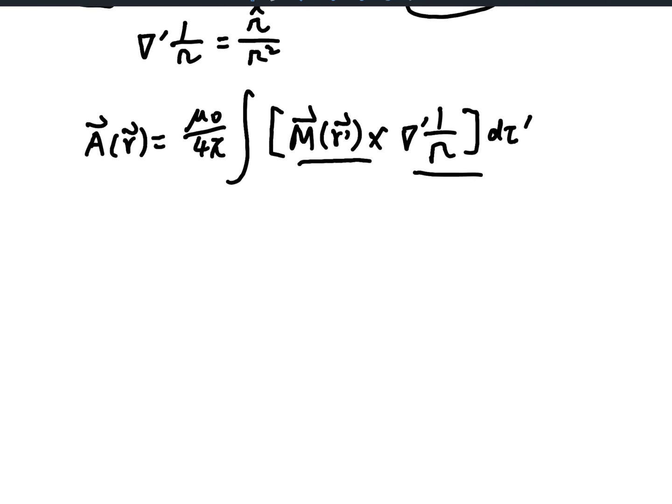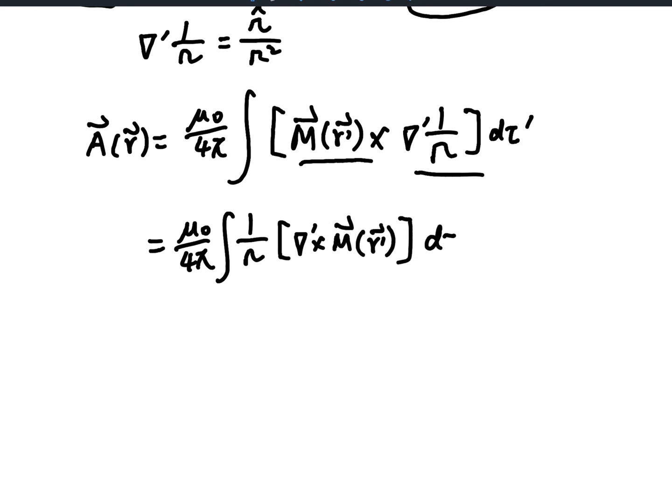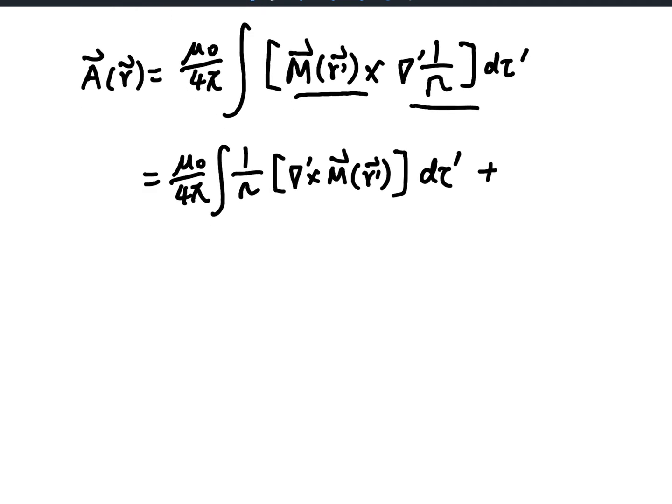This is also very similar to what we did before. I just write down the formula, and you will see that it becomes two components now. One is this component, and then there is a second component, this.